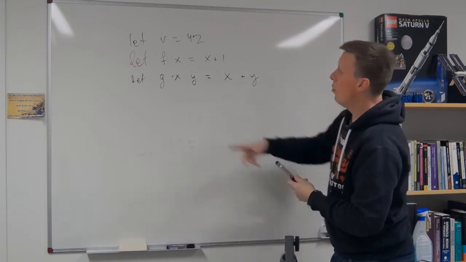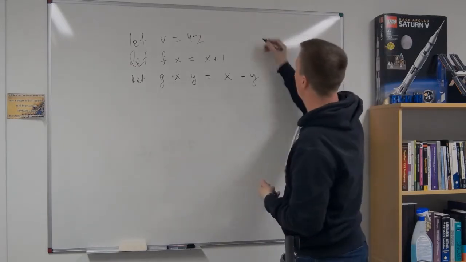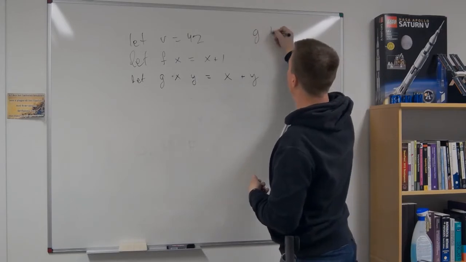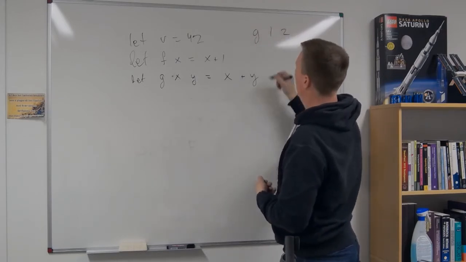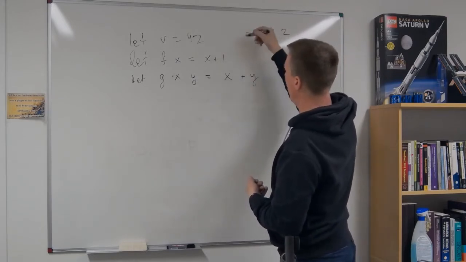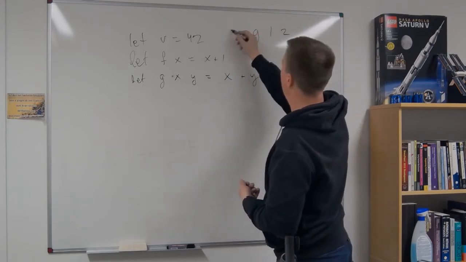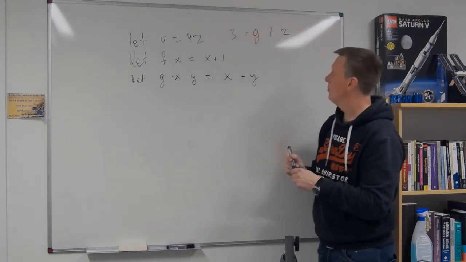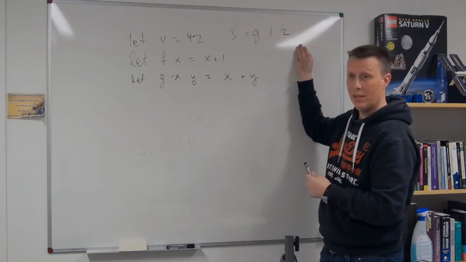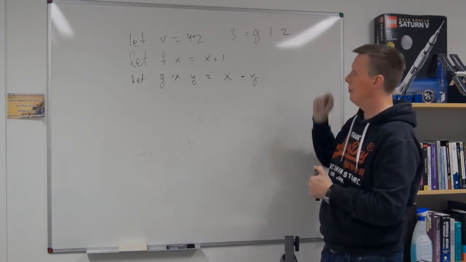And now we could call g in F sharp by saying g 1 2, and that would return a value which would be 3. Again, no parentheses here, and that's important.